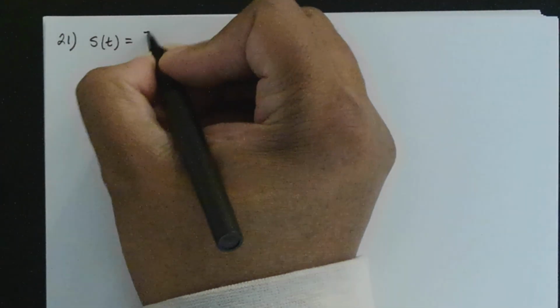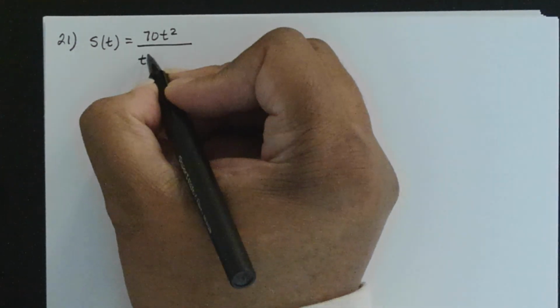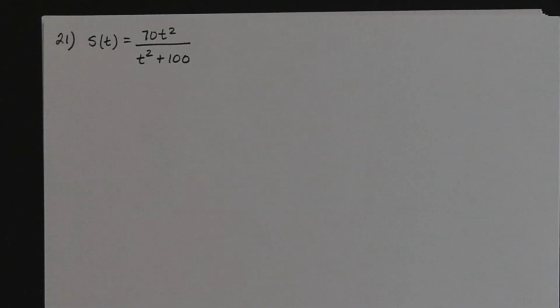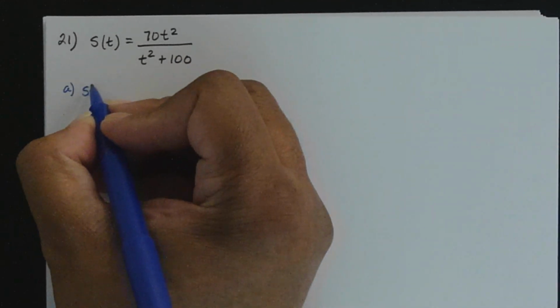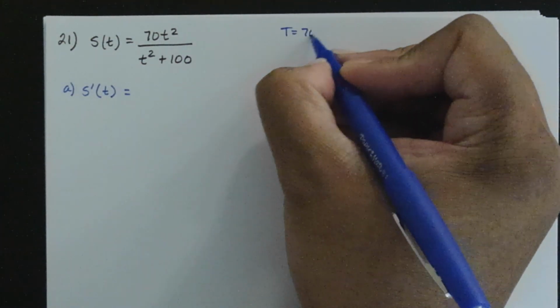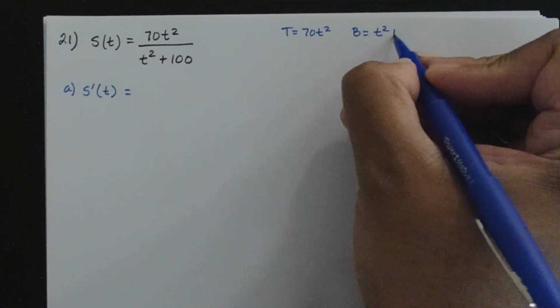Here we got S of t is equal to 70t squared divided by t squared plus 100. And in this case, S prime of t. Well, I know the top would be 70t squared, and the bottom is t squared plus 100.